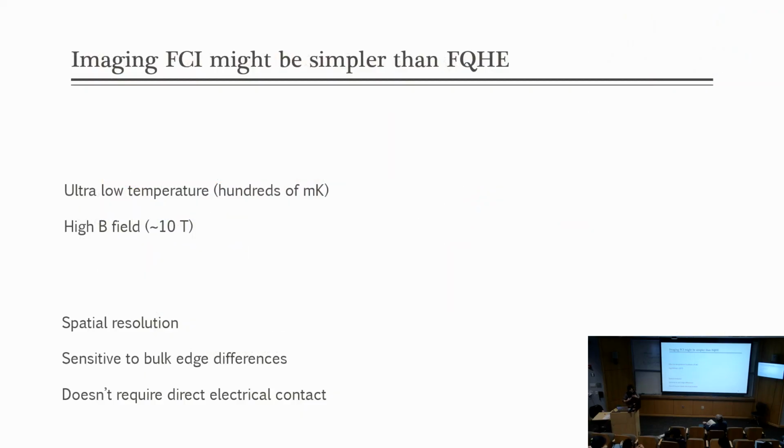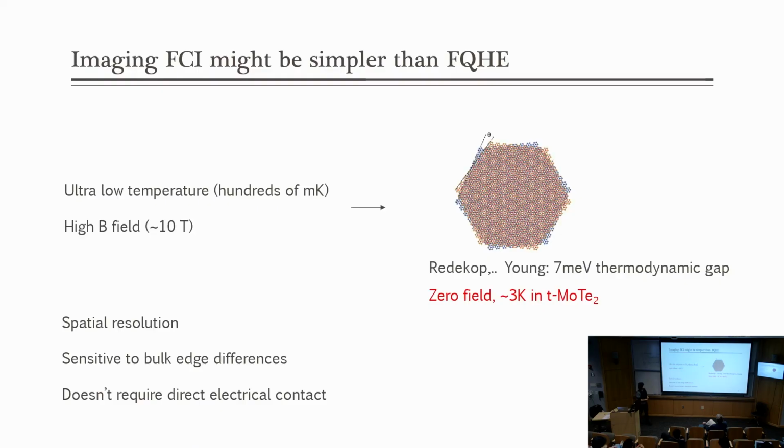So from our point of view, imaging the fractional Chern insulators would be simpler than the fractional quantum Hall effect, just because it has a pretty large gap. From the thermodynamic measurement, it's 7 meV, that's 70 Kelvin, and at zero field around 3 Kelvin in twisted molybdenum telluride. We can still see the gap very clearly, the 2/3 gap, for example.